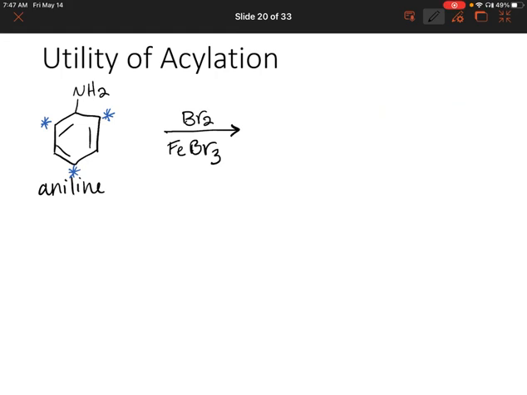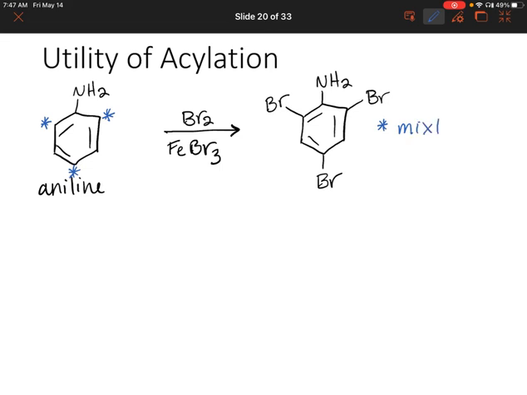And in fact, what we probably would end up with is a mixture of products where we have either mono-substituted products, di-substituted products, or tri-substituted products with the bromine adding in. So we could have mono, di, or tri-brominated products.